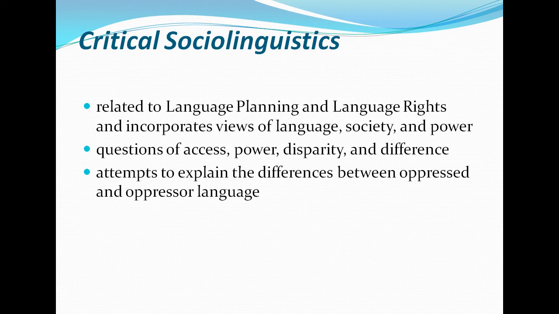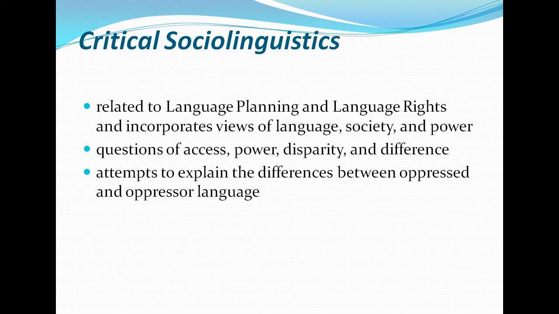Critical sociolinguistics. It is related to language planning and language rights. That is to say, language, society, and power. Language is related to power. A certain language may be used to dominate a minority language. Minority languages are on the verge of extinction.